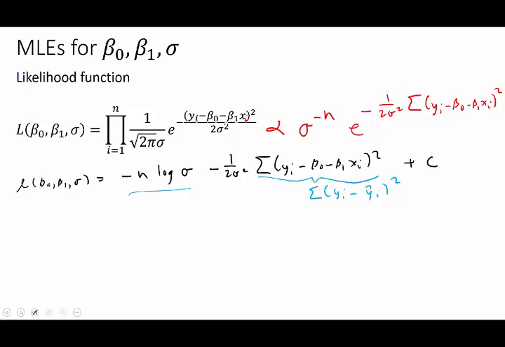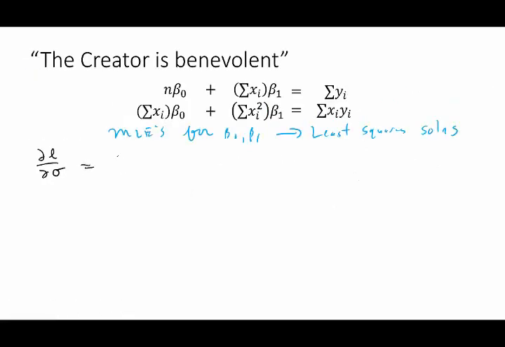But what you'll end up getting is negative n over sigma minus, remember there was a sigma cubed, there's a sigma squared there, so we're going to get a minus 1 over sigma squared times the sum of the yi minus beta naught minus beta 1 xi squared. There's actually, it becomes a plus because we're differentiating a negative exponent here.